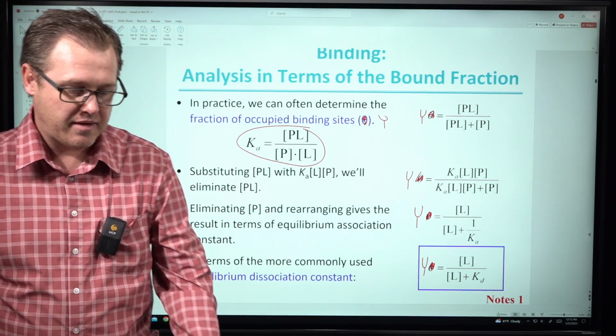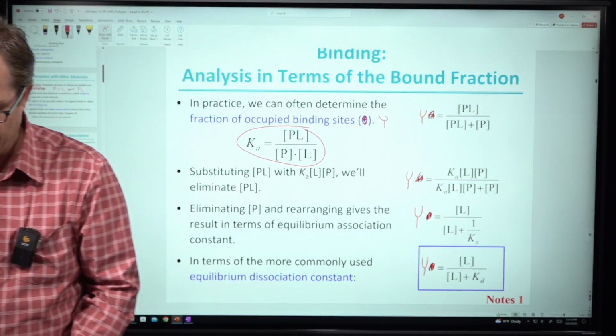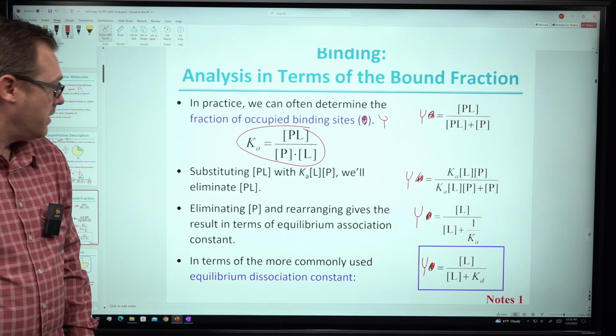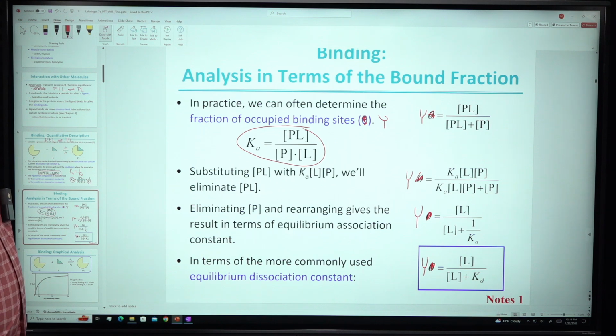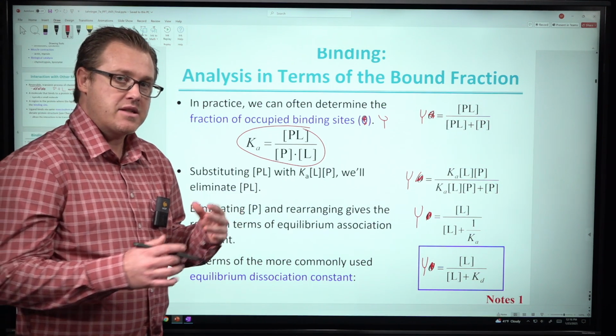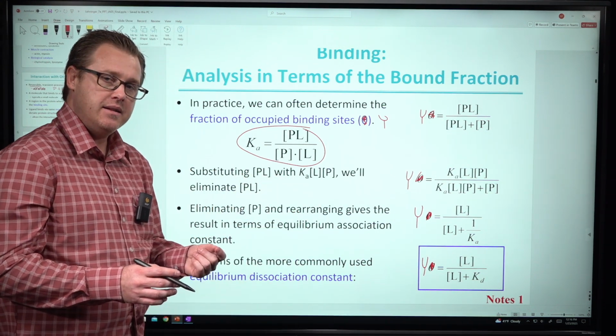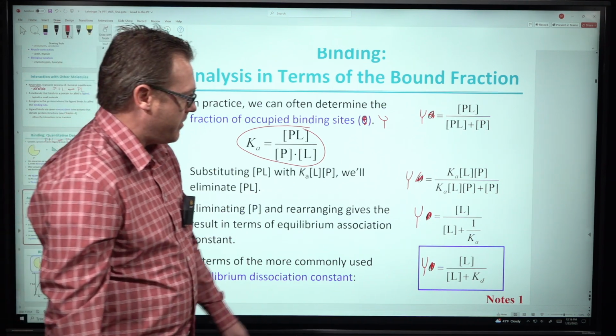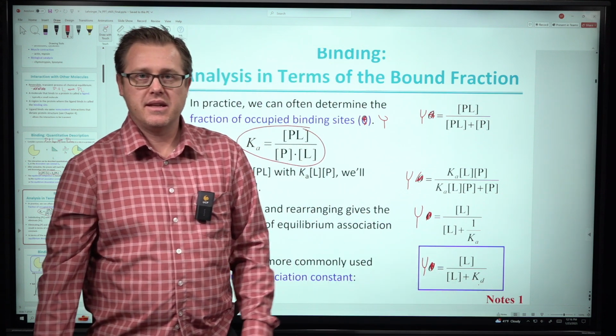You'll learn more about that in the second videos. But we have to understand that Ka is the association constant of the protein and the ligand, and Kd is the dissociation constant.